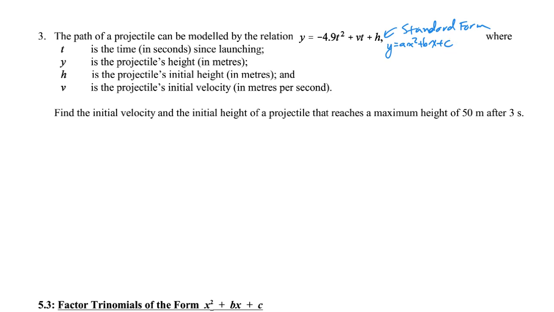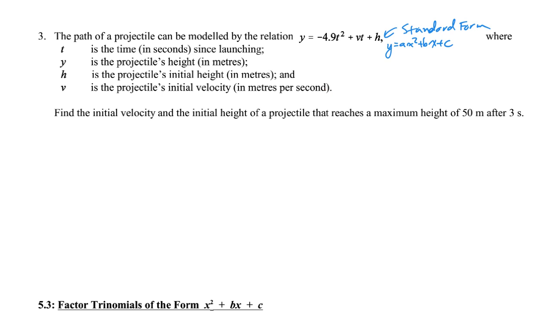All right, now let's go over all of the variables, where t is the time in seconds, y is the projectile height, and h is the projectile's initial height in meters, and v is the projectile's initial velocity in meters per second.